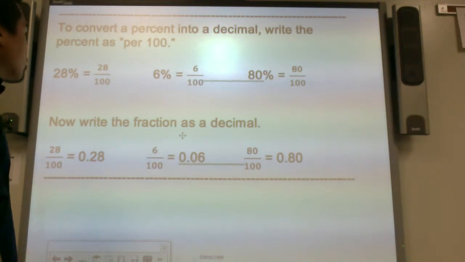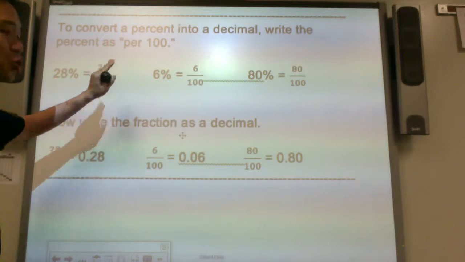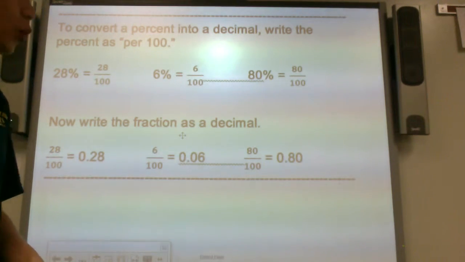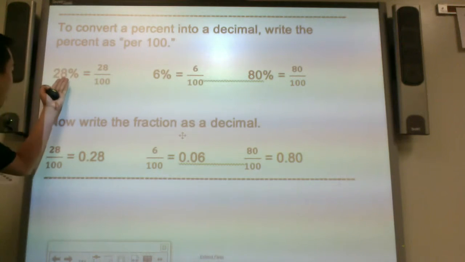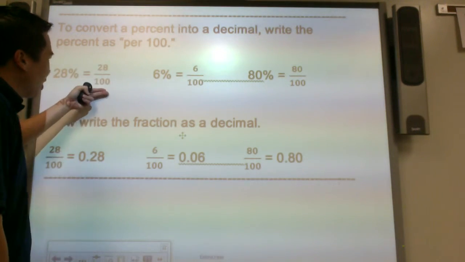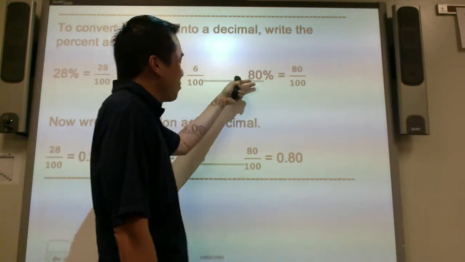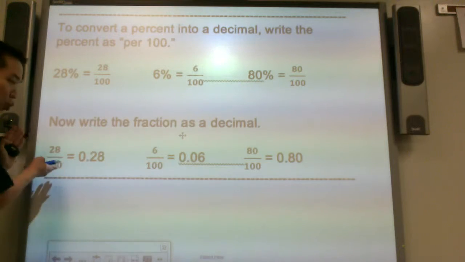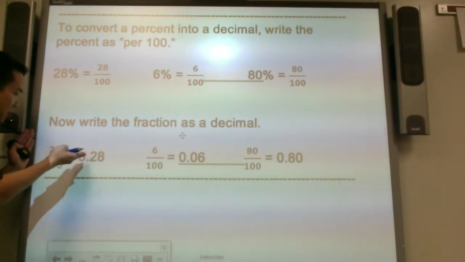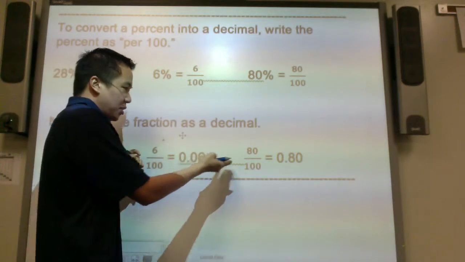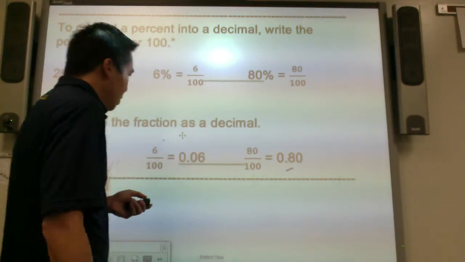And next one. To turn a percent into a decimal, you write the percent as per 100. For example, here's 28%. Again, what does percent mean? Per 100. It's 28 out of 100. 80% is 80 out of 100. Then you read it as you see it: 28 hundredths, 80 hundredths.